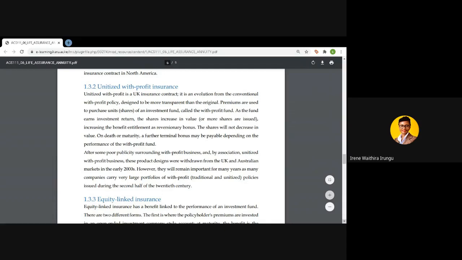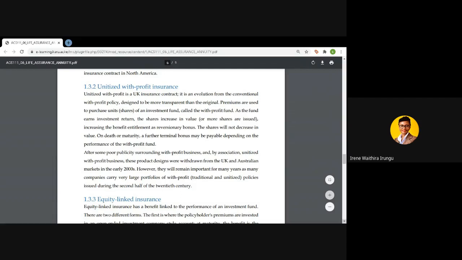So Brian's father would have purchased, let's say, a unitized endowment with profit insurance contract. So a portion of the premium will go to meet the life insurance cover, and the other portion will be used to meet the investment part or the savings element. The premium for the investment is then used to purchase units of an investment fund, which is the with profit fund.